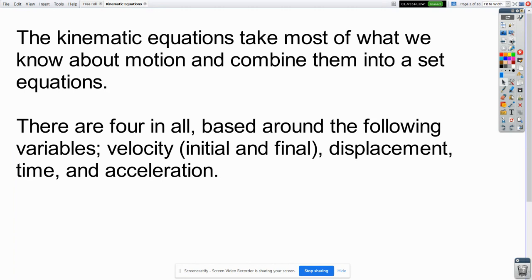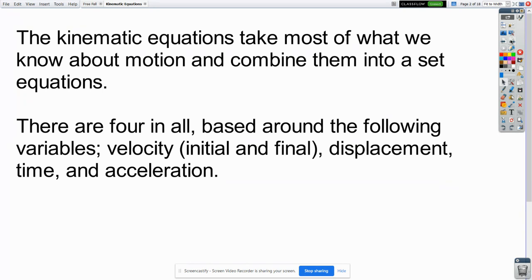The basic building blocks of the kinematic equations are the acceleration equation, a equals delta v over t, the equation for delta v equals vf minus vi, the velocity equation, velocity equals delta x over t, or displacement over time, and that concept where the area under the line in a velocity-time graph is equal to the displacement of the object.